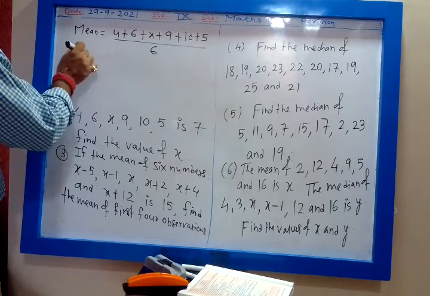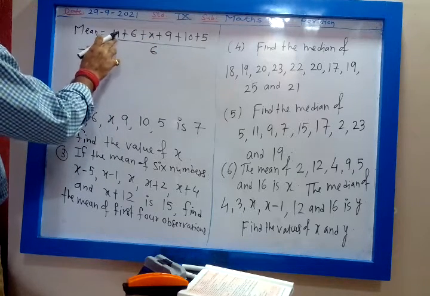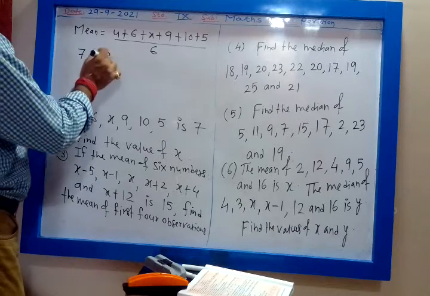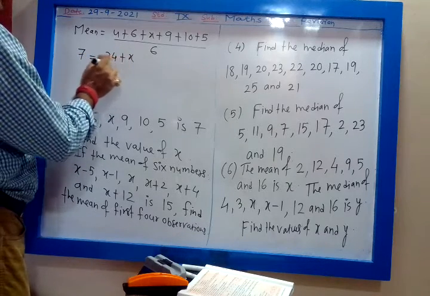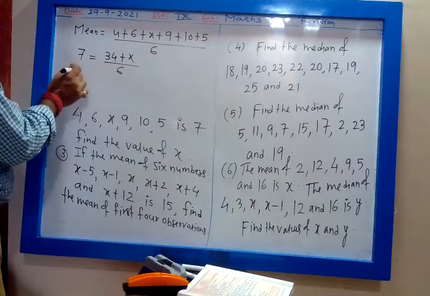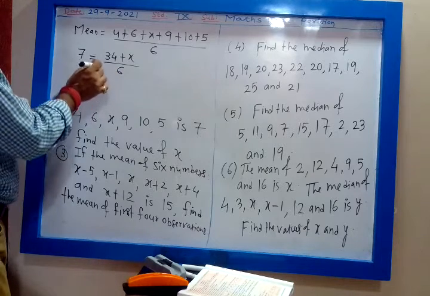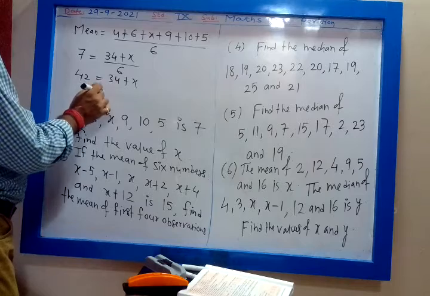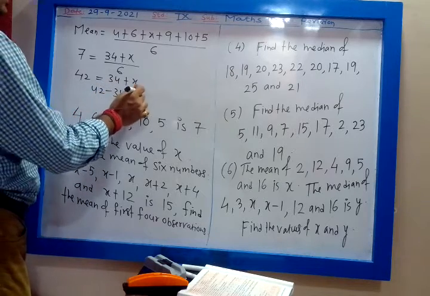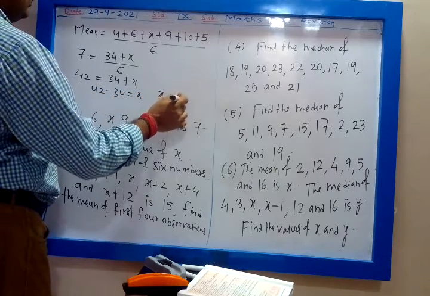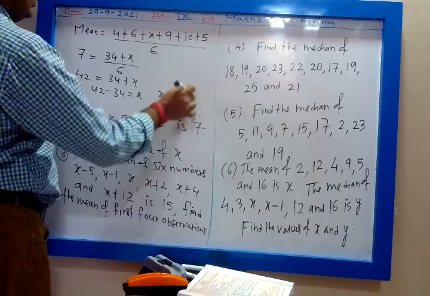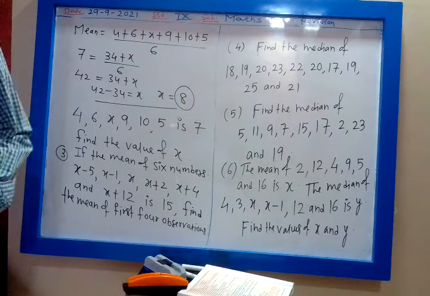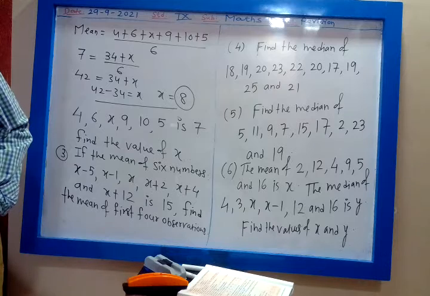So mean is given 7. 7 is equal to 4 plus 6, 10, 10 plus 9, 19, 34 plus x upon 6. 7 6s are 42. 42 is equal to 34 plus x. 42 minus 34 is equal to x. So x is equal to 8. The answer is 8.